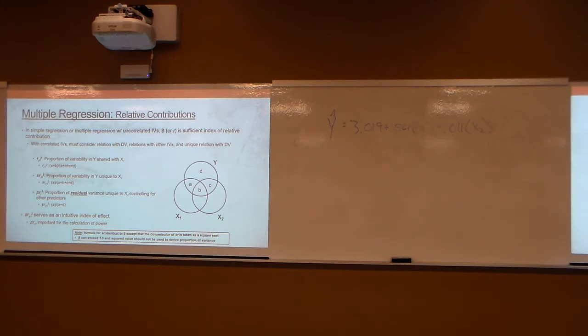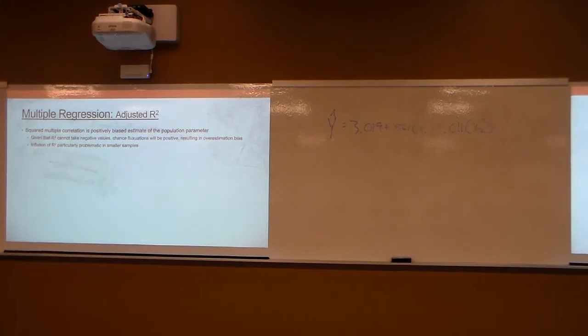Don't do that. That's not appropriate. If you want to do that, you should be looking at a squared semi-partial correlation, or if you're looking at residual variance, a squared partial correlation. Okay. But your partial correlation and your standardized effect will be very, very similar, to the point where I try not to report them in the same table because it seems redundant. They're very close, but they're not the same.